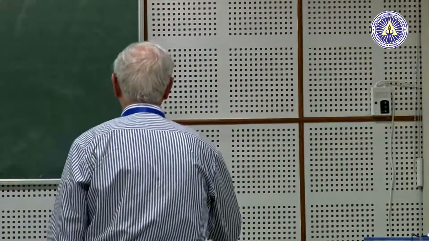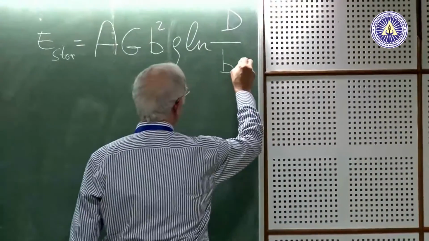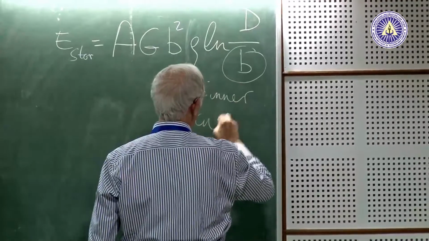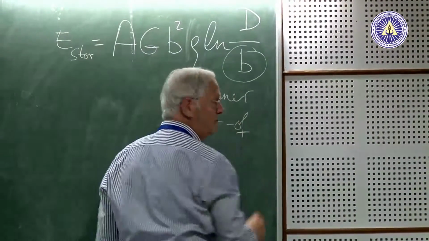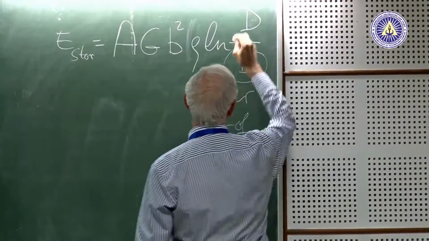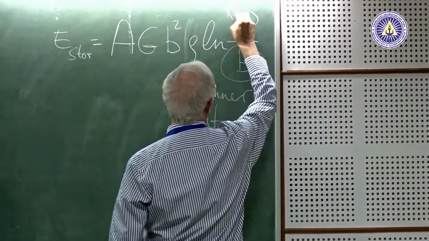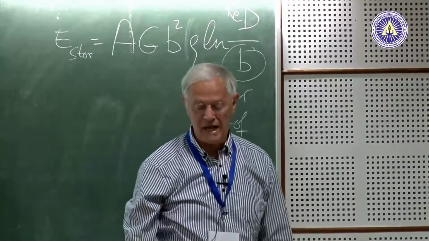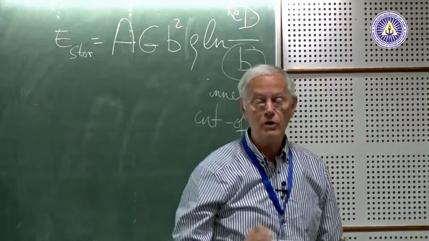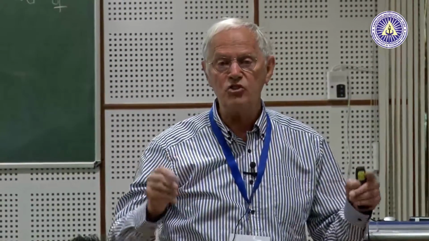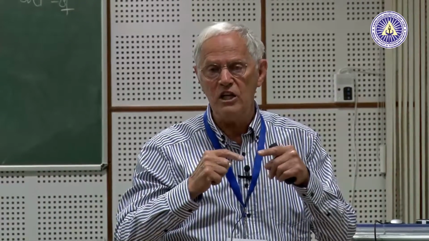So you have two cutoff radii. B is the inner cutoff radius, and here you introduce Re, which is the outer cutoff radius. You must introduce that. That means that the dislocations are not distributed perfectly randomly, but they are screening the strain field of each other.